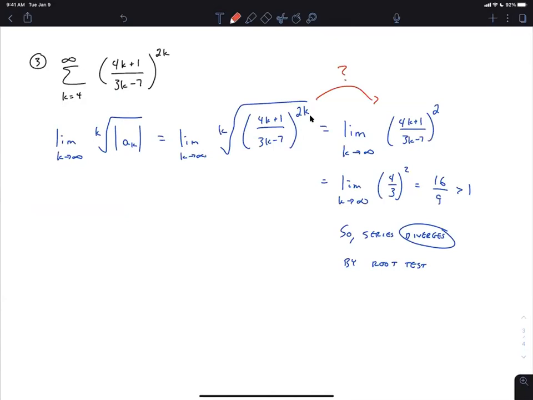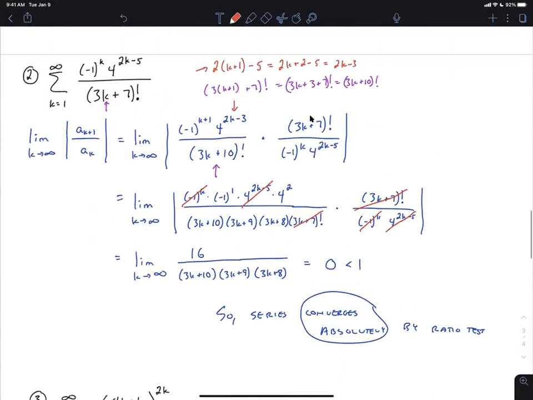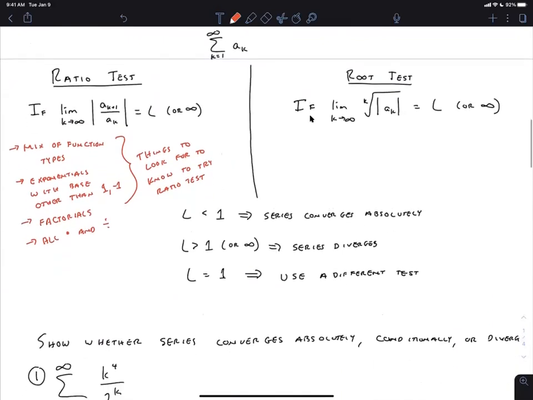So everybody see that? So the times that you use it are if you can rewrite so you have a bunch of stuff to the k power or to a multiple of k. That's a key indicator.